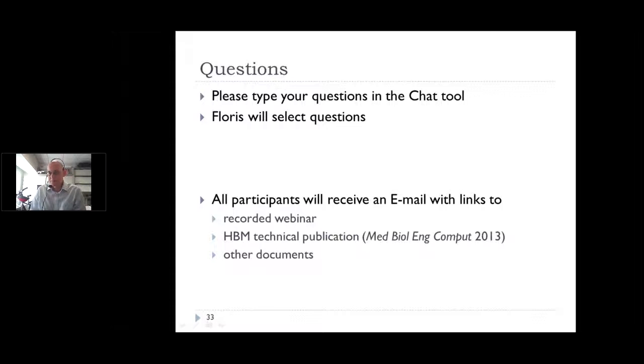Yeah. Okay, thank you. So we have the question: what are the main differences between HBM1 and HBM2? Mostly to make the HBM more in line with the clinical protocols and the clinical applications.